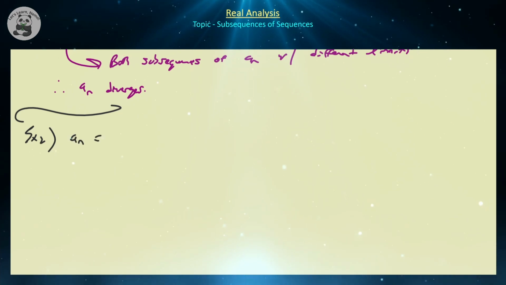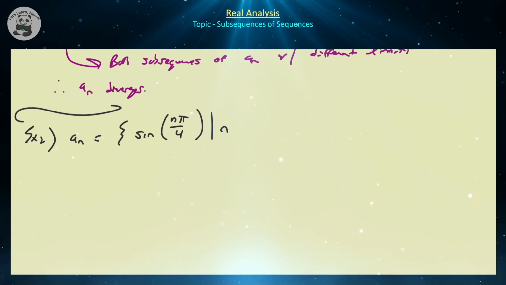Right? Let's actually look at another fun example. Let's look at An equal to the sequence sine of n pi over 4, where n is in the set of naturals. So we're looking at our 45-degree rotation: 45, 90, 135, 180, 225, 270, and so on.